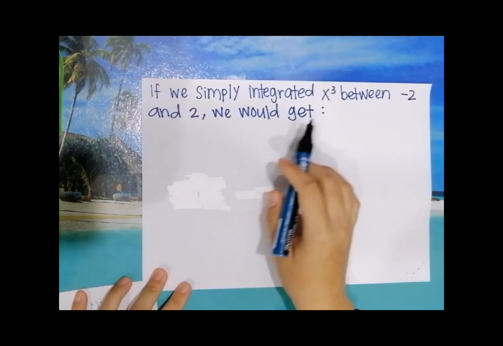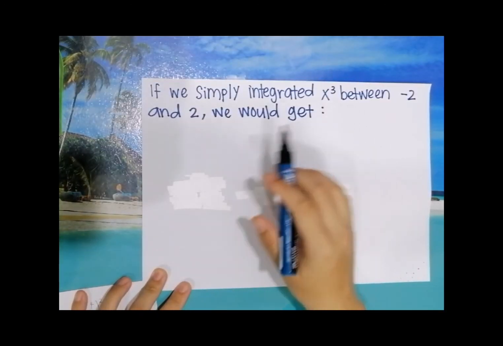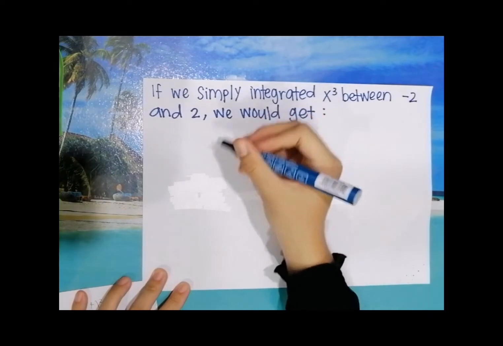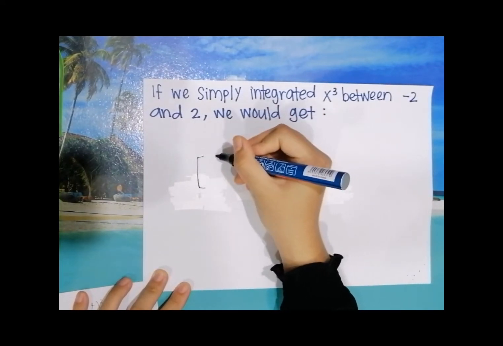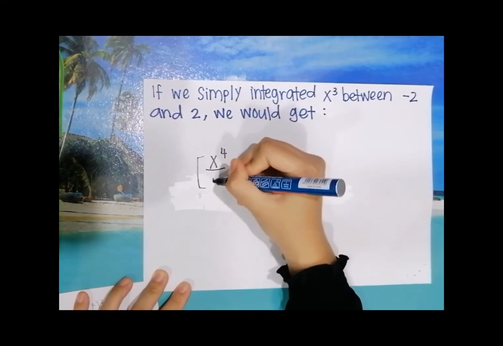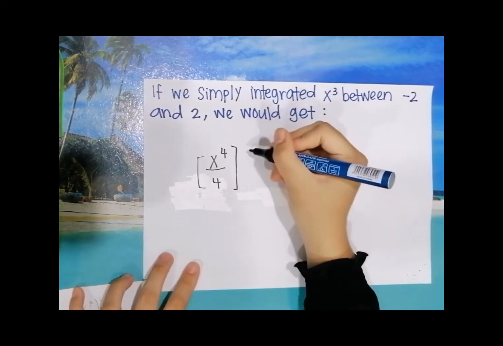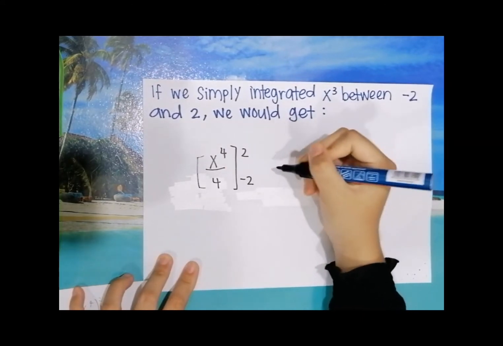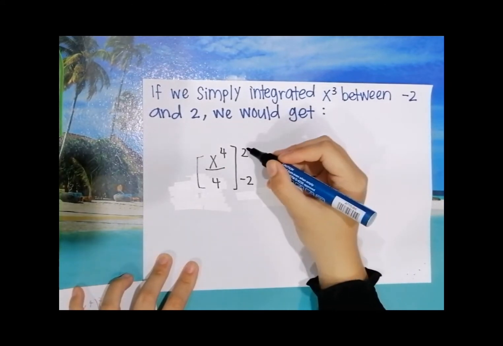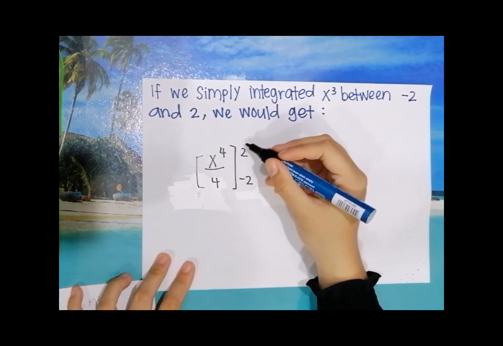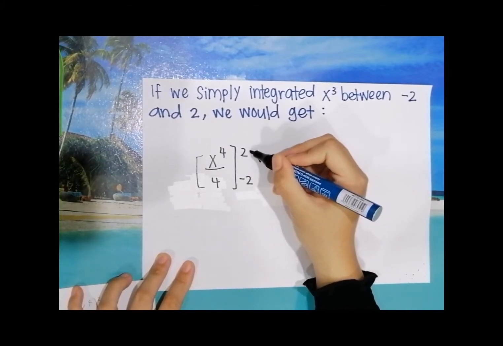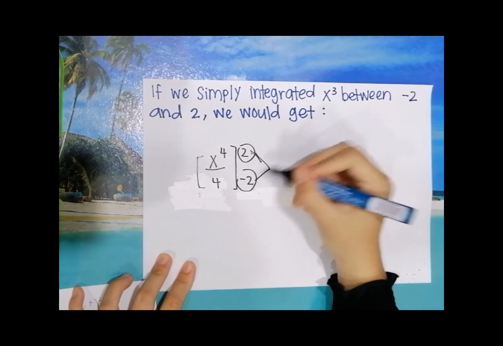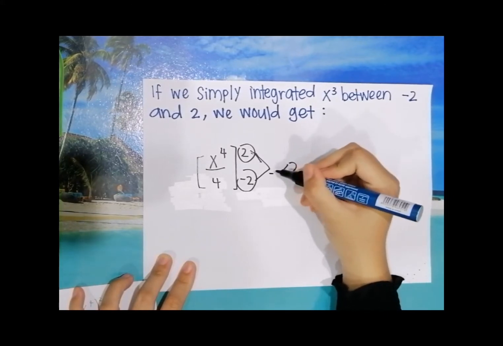If we simplify, integrate x cubed between -2 and 2, we will get x to the power of 4 over 4, between 2 and -2. Why do we put 2 not -2? Because 2 is bigger than -2.